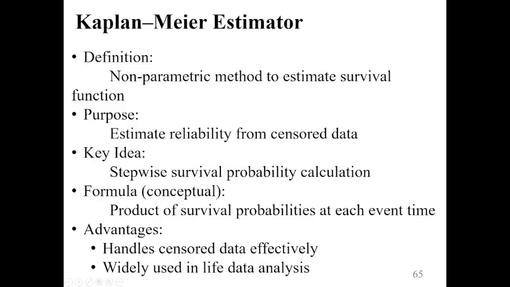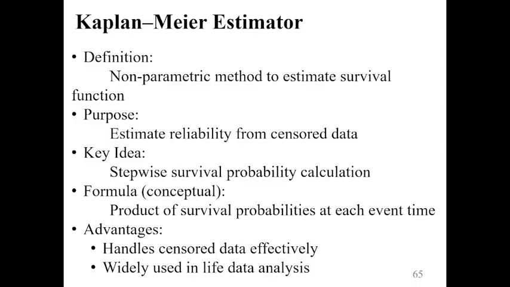Okay, the first estimator is the Kaplan-Meier estimator. The Kaplan-Meier estimator is one of the most widely used non-parametric methods for estimating the survival or reliability function from observed data, especially when censored data is present.